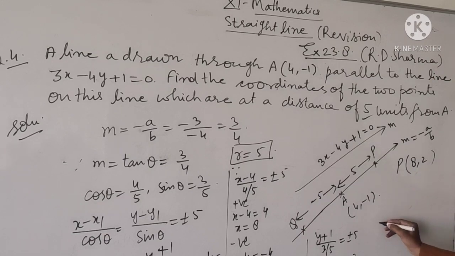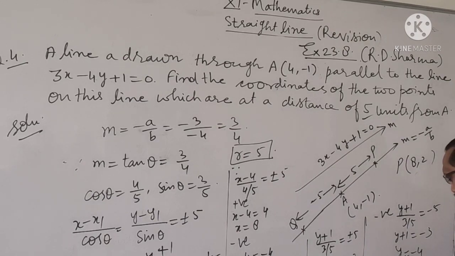Then take the negative value. y plus 1 upon 3 by 5 is minus 5. y plus 1 is minus 3. y is minus 4. And the coordinate is 0 comma minus 4. Okay, this is the coordinate of Q. Q is 0 comma minus 4 and P is 8 comma 2.